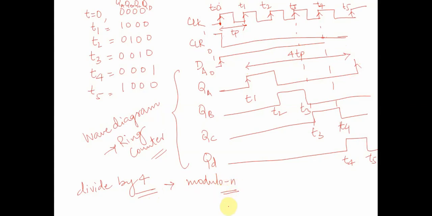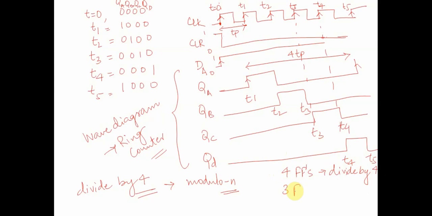This is the nomenclature we use, and basically the property of a ring counter is, depending upon the number of flops in the circuit, that circuit would be useful for achieving a frequency division of that particular modulo. For example, we used 4 flip-flops over here, so this is a divide by 4 circuit.